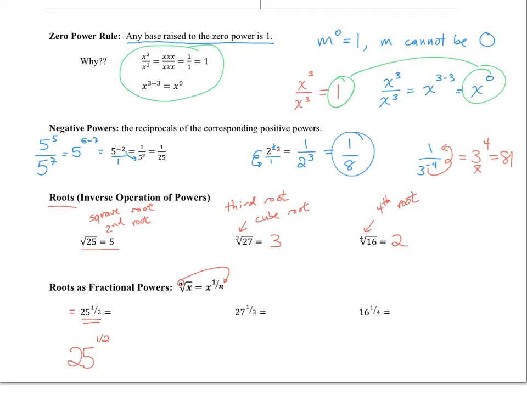So this is equivalent to the square root of 25. And the square root of 25 is still 5.